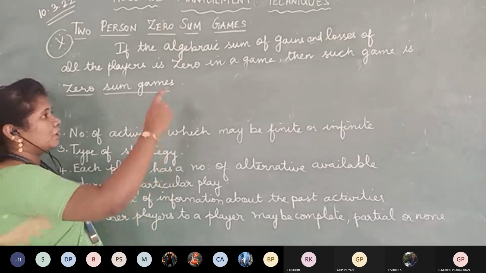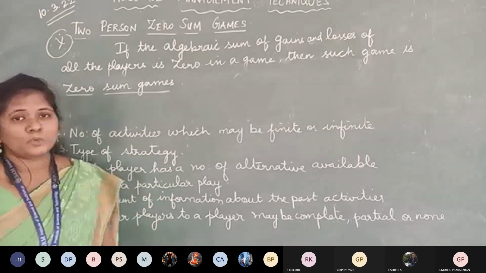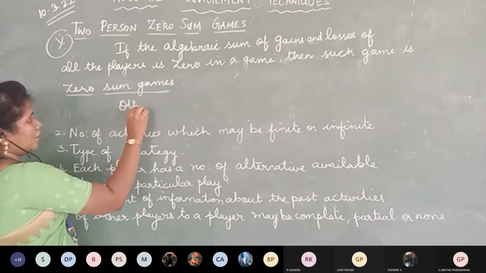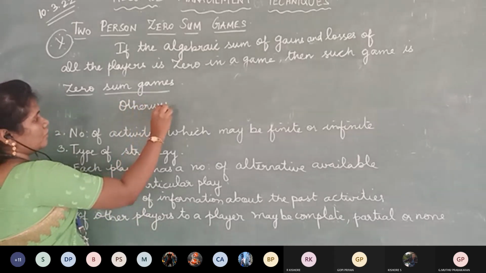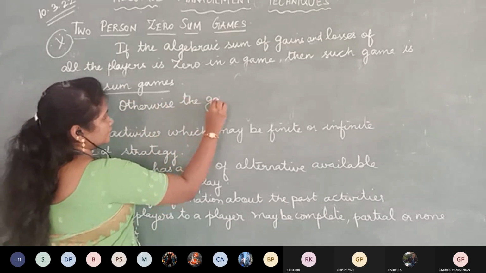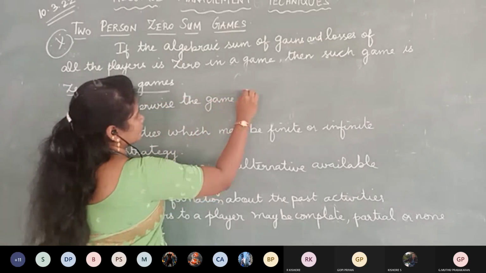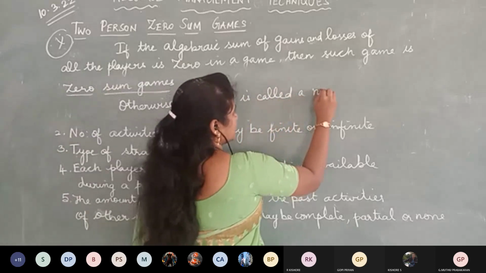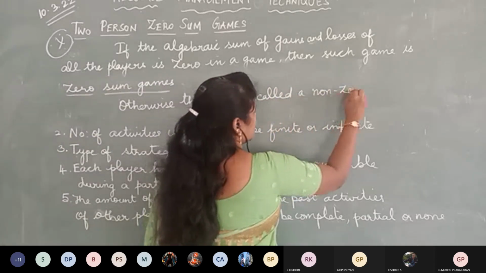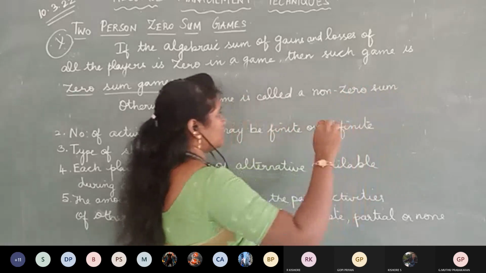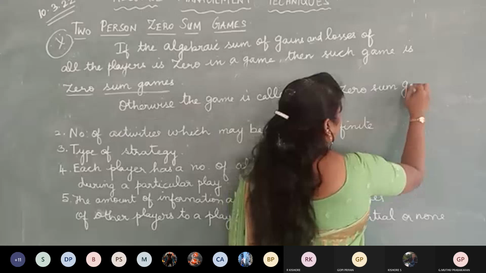If the gain and loss is not equal to zero, otherwise the game is called a non-zero sum game. If it is equal to zero, it is called a zero sum game.